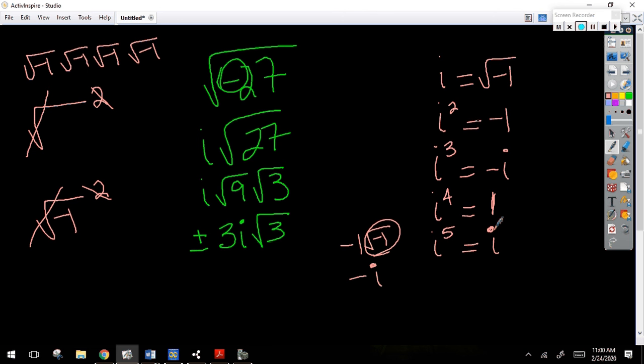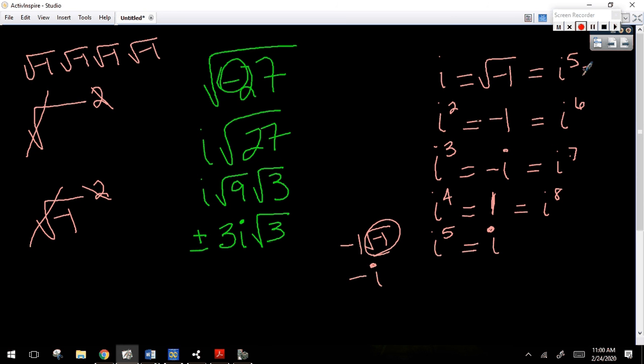There is a chart in your book on page 172 that goes up through iteration 8, but these would just start repeating. This is i to the 5th, i to the 6th, i to the 7th, i to the 8th, i to the 9th, i to the 10th. You still don't see the pattern?